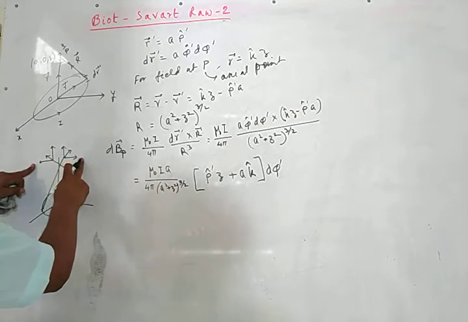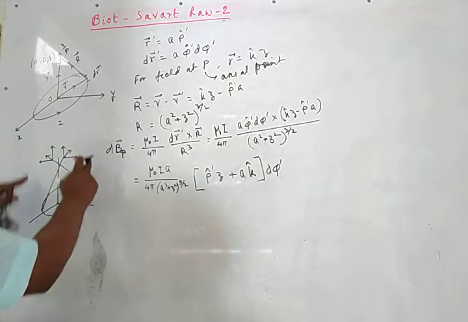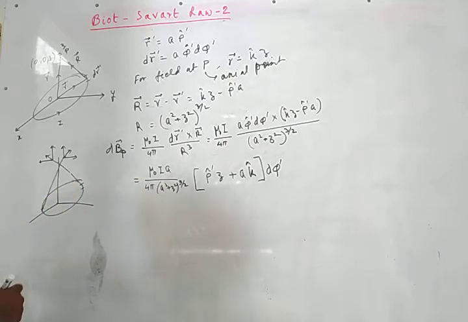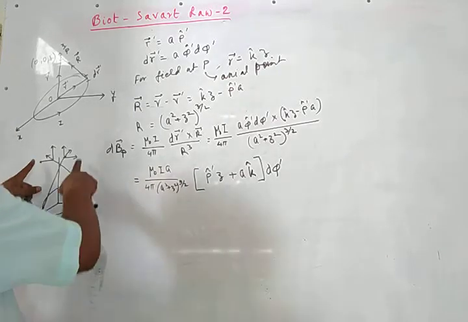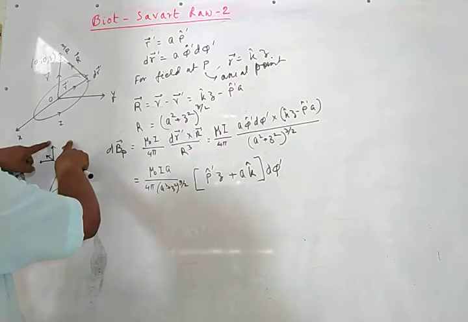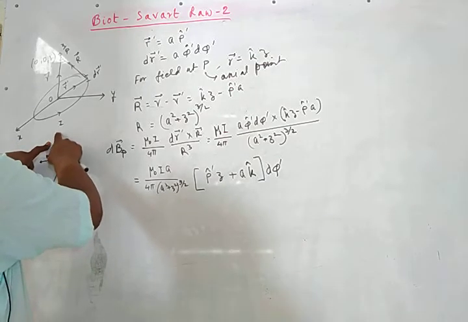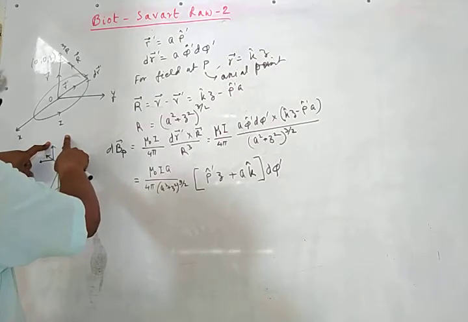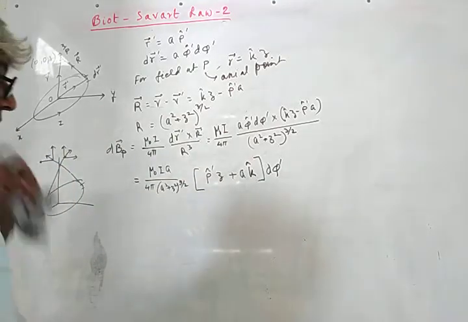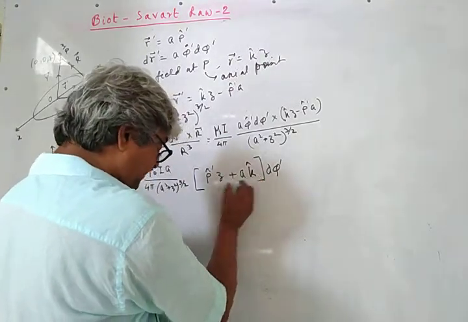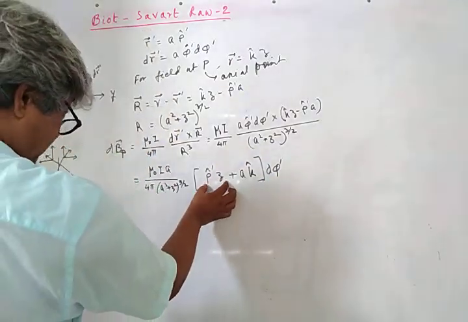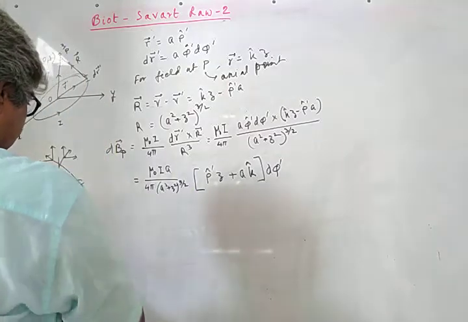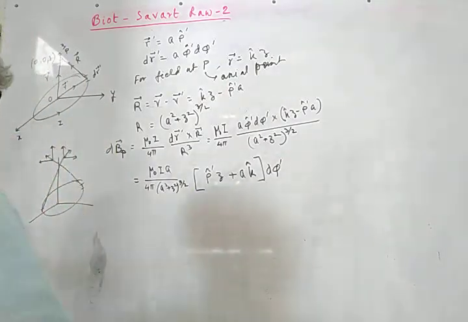So these are the rho components of the field, which are opposite for two current elements situated at diametrically opposite positions. So these two cancel out and the field along the longitudinal direction adds up. This is the longitudinal component of the field and this is the transverse component. On integration, this transverse component gets cancelled. This is the physical reason how we come to the result.